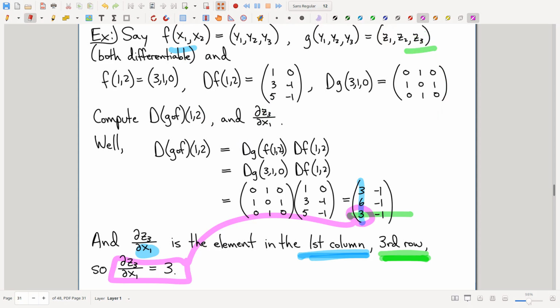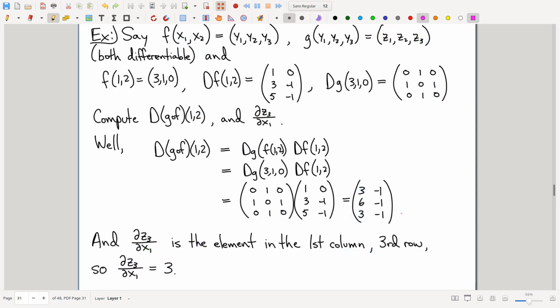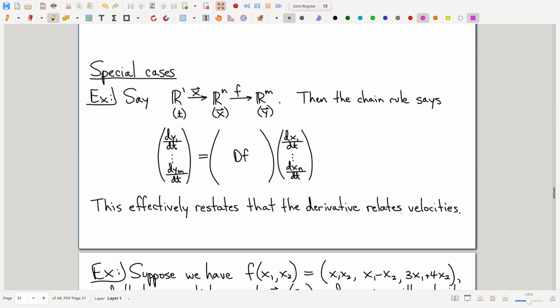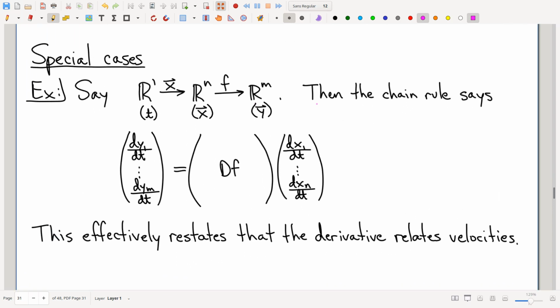Okay, some special cases that I want to talk about now. These special cases aren't going to tell us anything we don't already know. I have entertained putting the examples that follow back into section 2.3's notes, because the conclusions we're about to come to are conclusions that we already knew back in section 2.3.